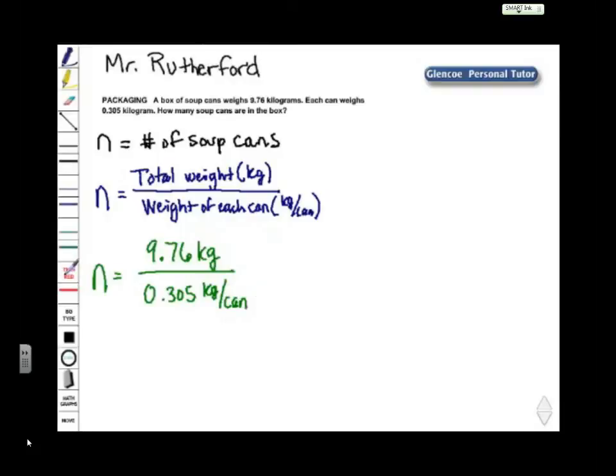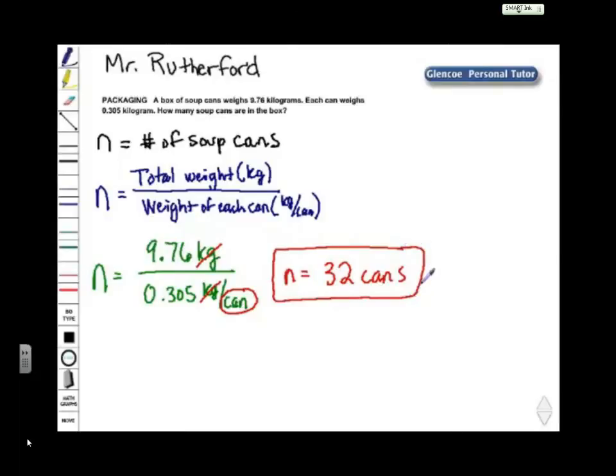Now when we divide these two, notice that the kilogram units are going to cancel, so we're left with the units that we want, cans. When we divide 9.76 by 0.305, we get n is equal to 32. And we have 32 cans. So in our box, we have a total of 32 cans of soup.